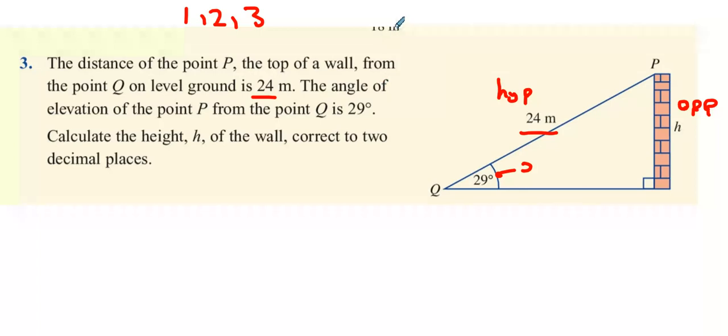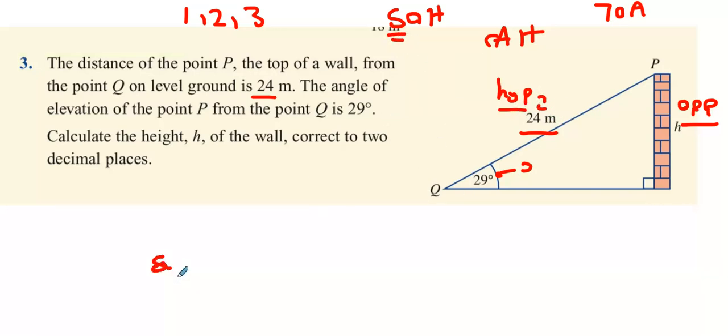So once again we go for the rhyme, silly old Harry chased a horse through our attic. I want to know the opposite, but I need to use the hypotenuse because it's the only one I have. So that means we're going to be using sine. Sine 29 degrees equals opposite, which is H, because it's the height of the wall, over the hypotenuse, 24. Cross multiply: 24 is division on the right, which makes a multiplication on the left when I move it over.